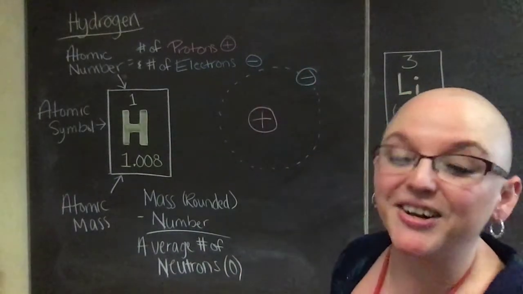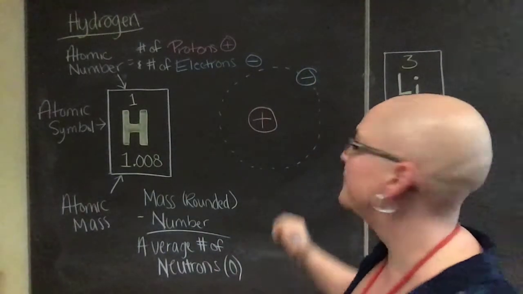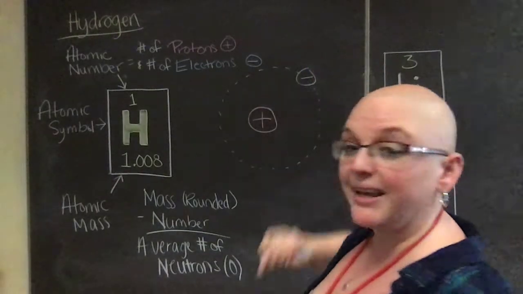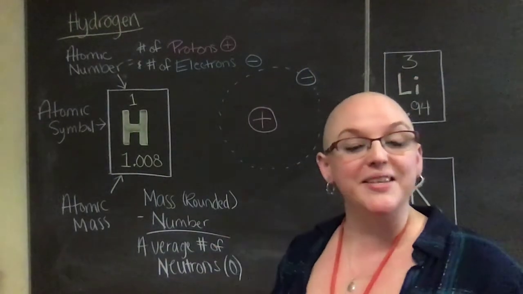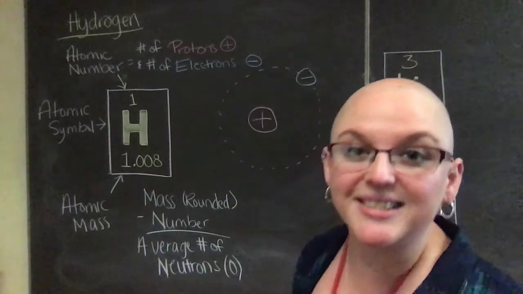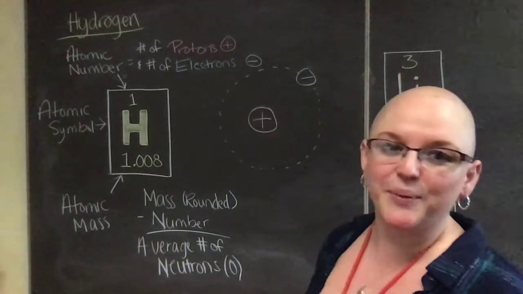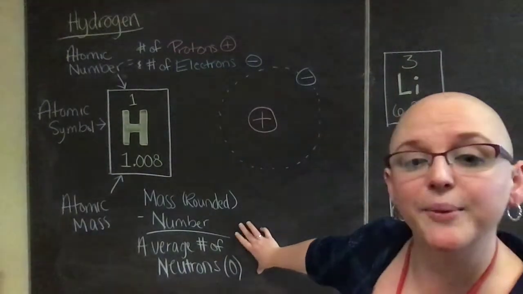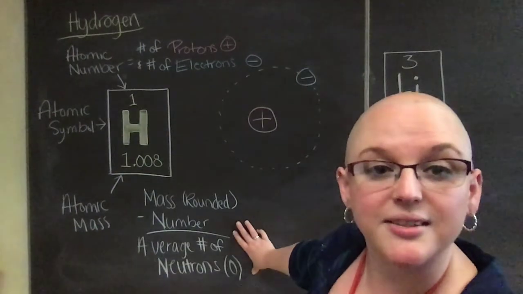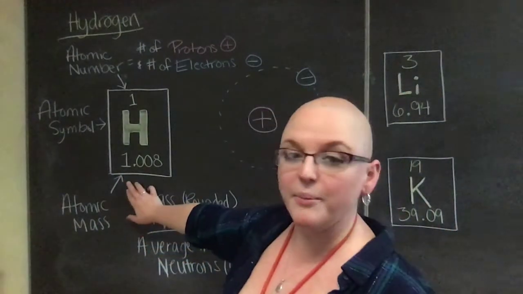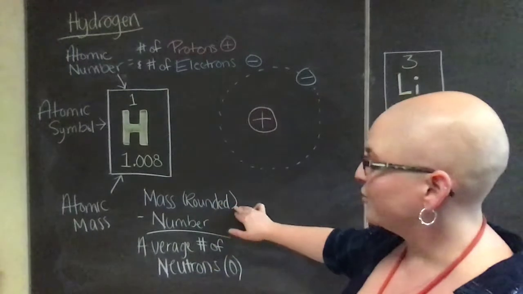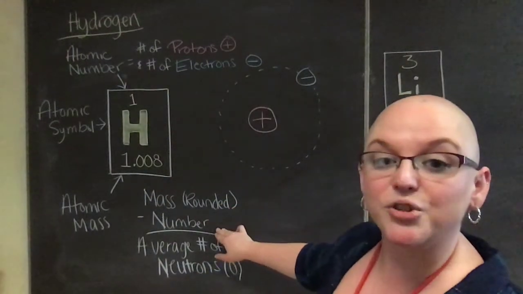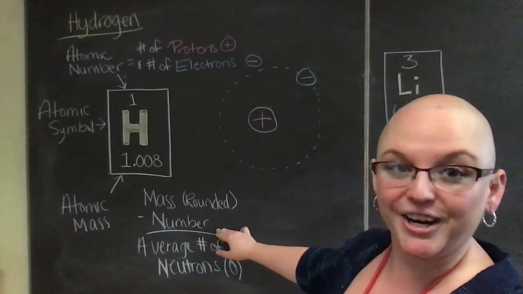There's my 1 electron on the ring outside of the nucleus. Stand by for a later video about what these rings mean and why the electrons exist in the way they do. Anyways, to determine the average number of neutrons, I now need to use this atomic mass. I'm going to round it to the nearest whole number and subtract from that the atomic number.